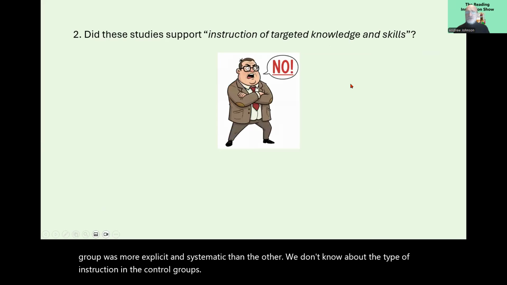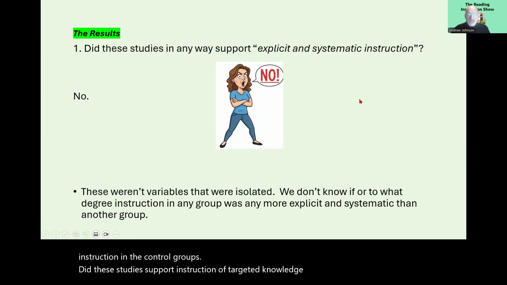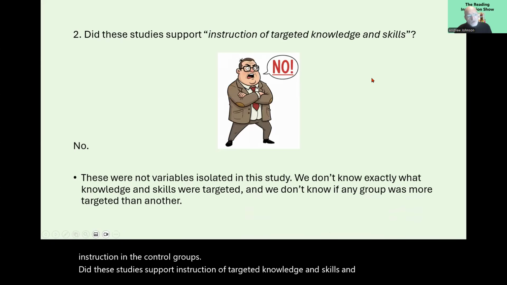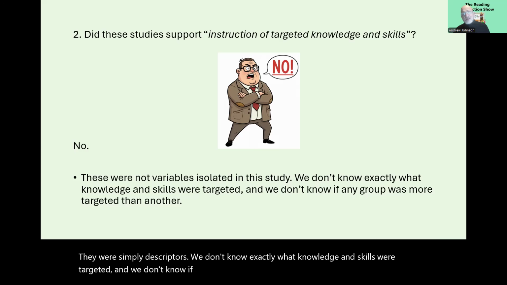Did these studies support instruction of targeted knowledge and skills? And again, no, these were not variables isolated in the study. They were simply descriptors. We don't know exactly what knowledge and skills were targeted, and we don't know if the control group was any more targeted or less targeted than another.